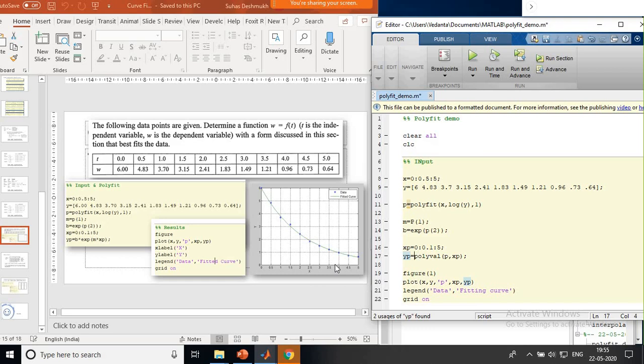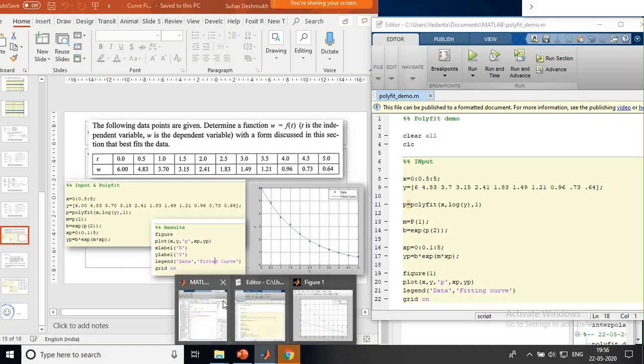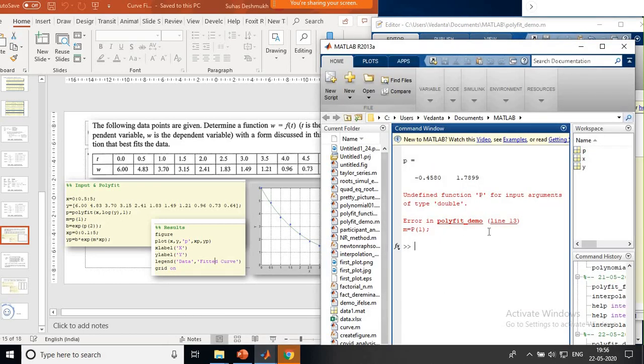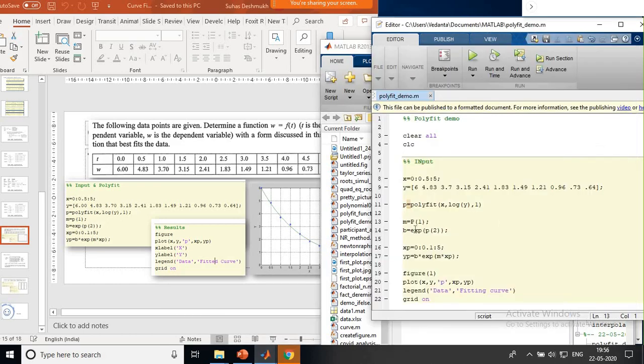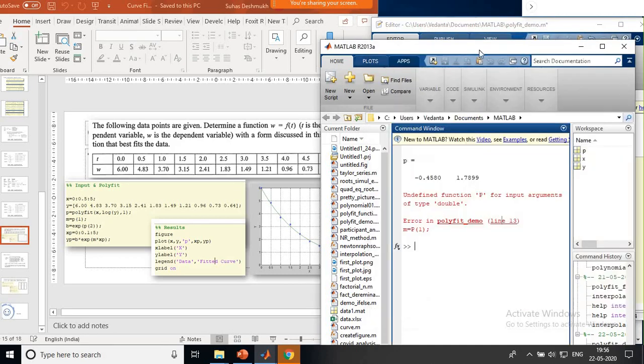For yp I need to change it, not to be a polynomial fitting, but to provide the equation b times exponential of m times xp, and then run it. You'll get a curve fit. One minute, maybe some error is there, so I put it by mistake. It is a small p.